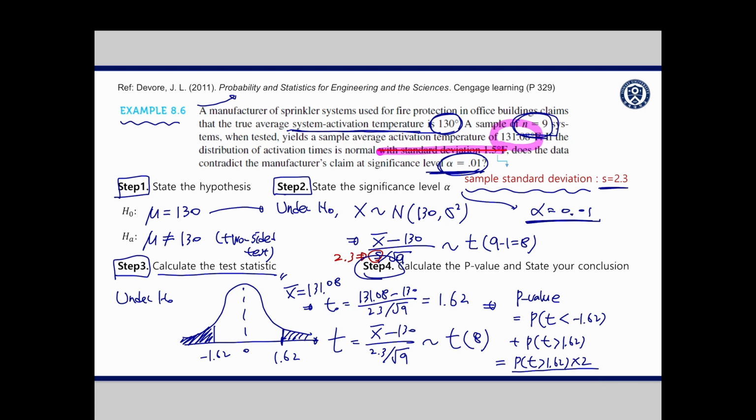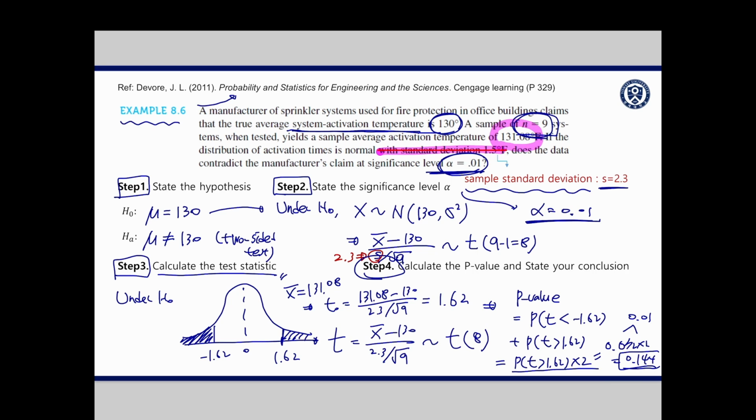So it equals 0.072 multiplied by 2, which equals 0.144. Okay, it is larger than our chosen significance level alpha, 0.01.